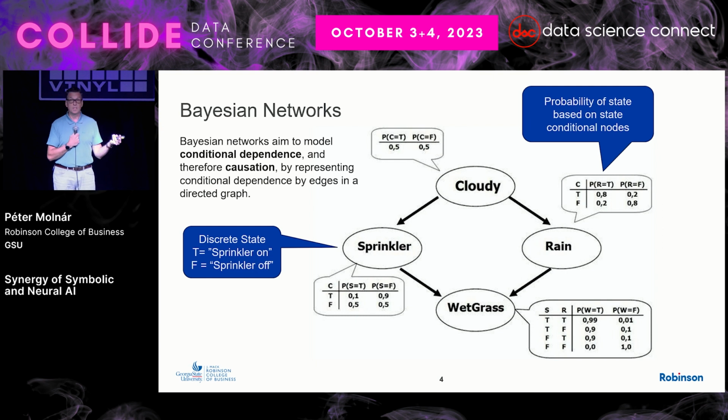In this simple case these are just Boolean variables, true or false. So to see, let's say, what is the likelihood that the grass is wet, wet grass is true.